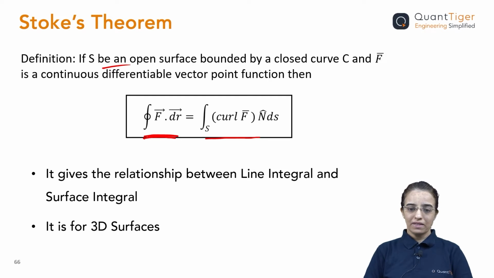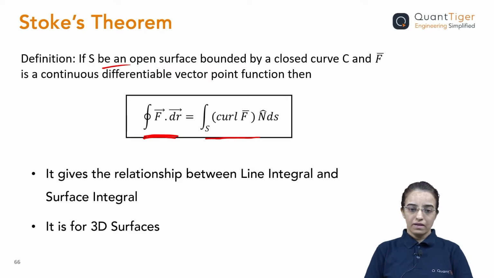So this is nothing but the right hand side, where we take the surface integral of curl of vector f dot n cap into dS. So the left hand side is the line integral, the right hand side is the surface integral. This is what Stoke's theorem tells about the relationship between these two.